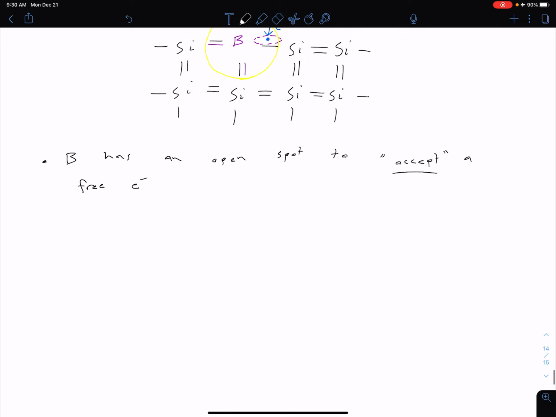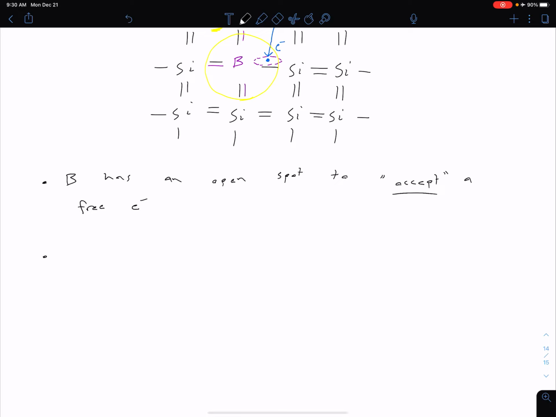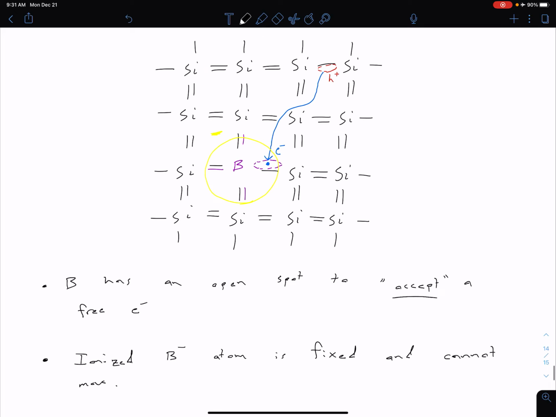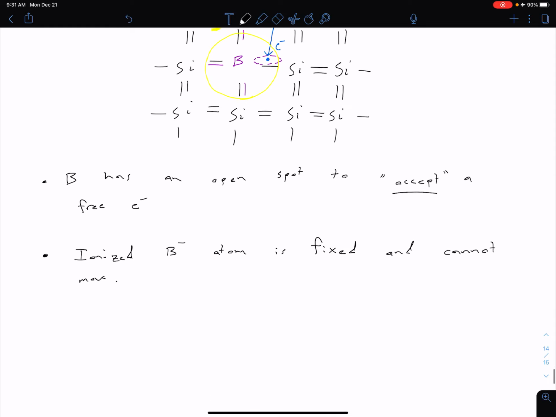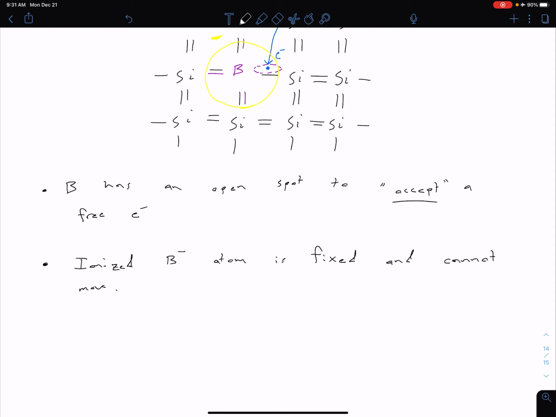As I mentioned, once it does accept an electron, that boron becomes ionized. So we have an ionized boron atom, and the charge is negative. The ionized boron atom, just like our ionized phosphorus, is going to be fixed in the lattice and cannot move. Ultimately what that means is that we have this hole which can move about, but there's no corresponding electron because that electron has been captured by that boron.